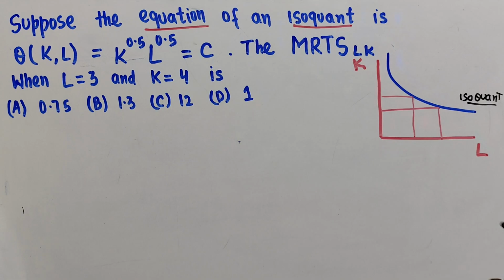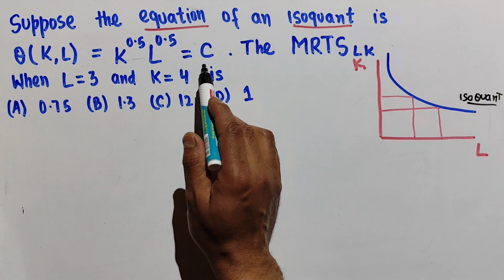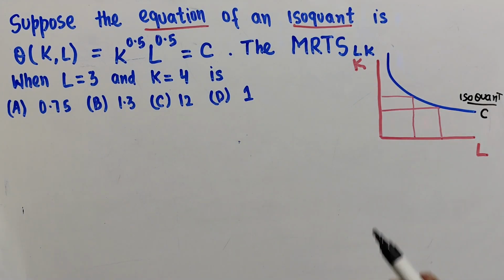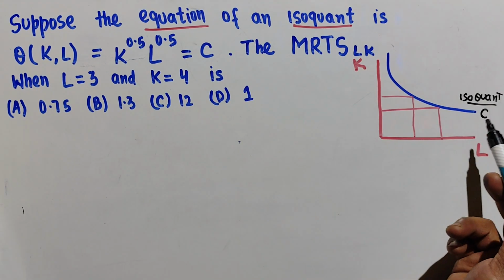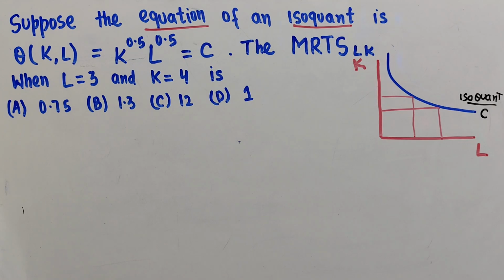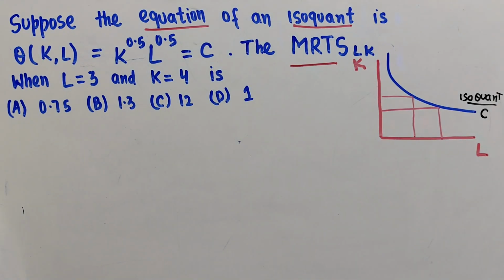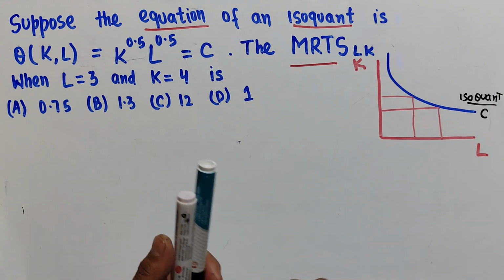Okay, now we have to produce C units of output. So there can be many combinations of capital and labor which produce the C units of output. By finding out the MRTS, what actually are we trying to find out? We are trying to find out the slope of the isoquant.